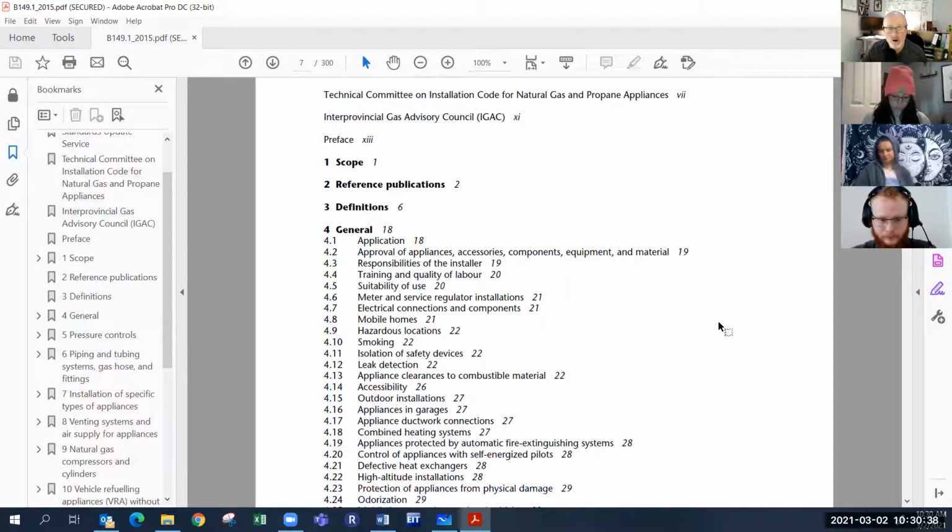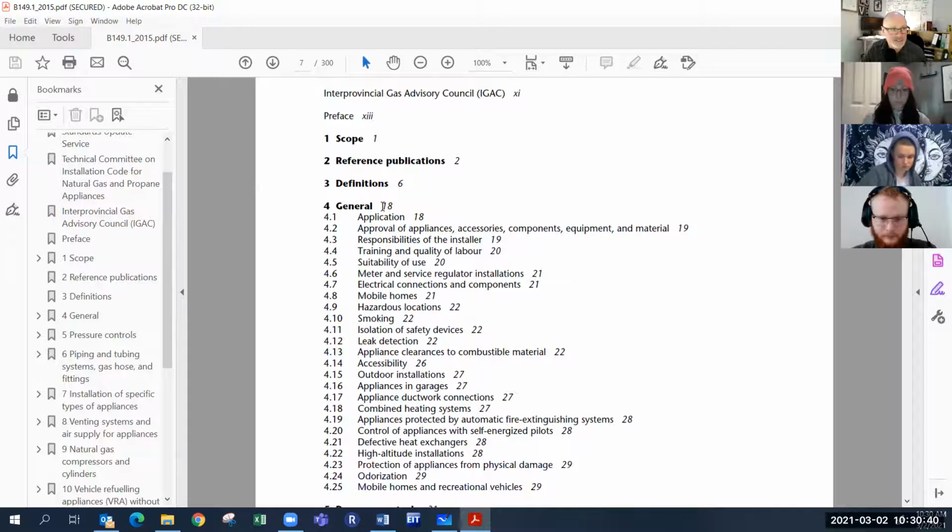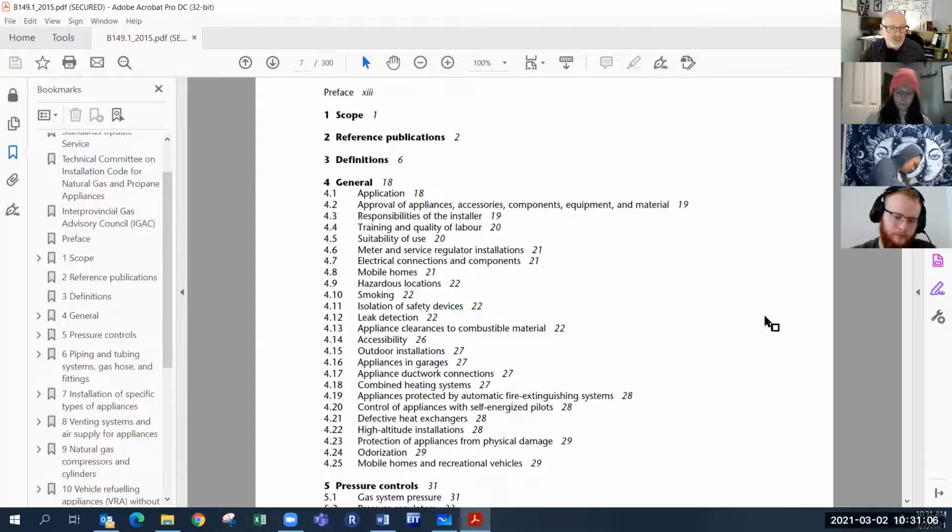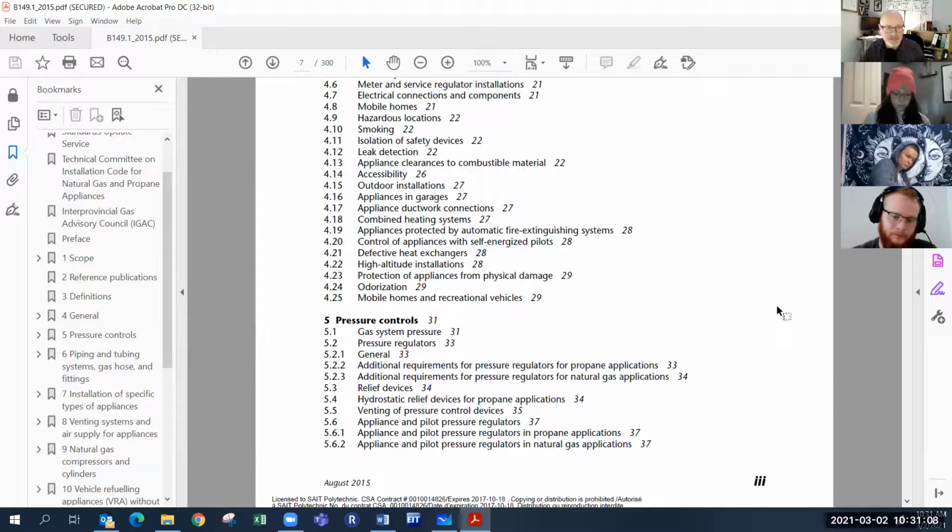And then 4 is general. And general covers a lot of rules around gas and around the equipment, even training, labor, responsibilities of the installer. And we're going to get into that minutia, so to speak, of this gas code in future classes.